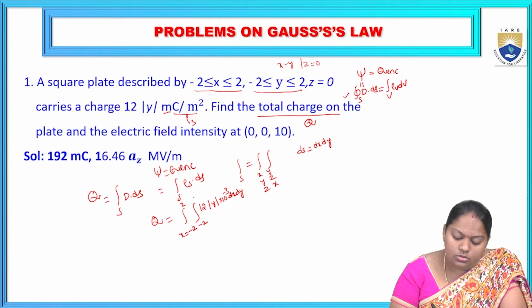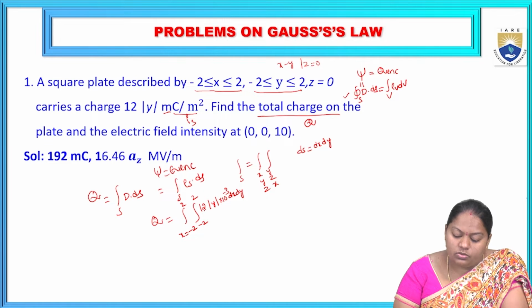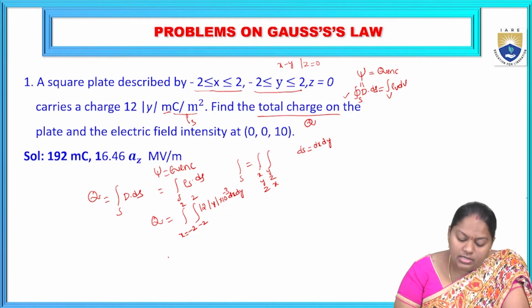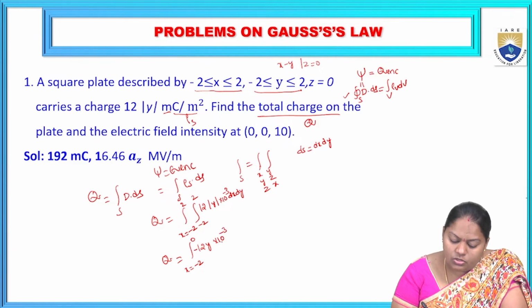Now we split this: Q equals the integral for x from -2 to 0 of 12y times 10 to the power minus 3. For the negative values, it is minus 12y times 10 to the power minus 3, dx dy, with y from -2 to 0.